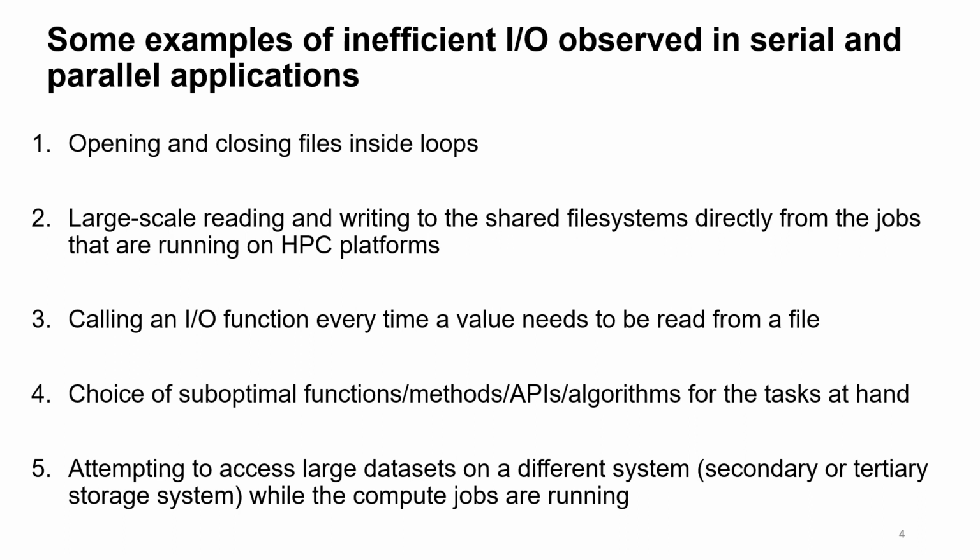And then we've noticed that people could be calling I/O functions every time a value needs to be read from a file. We've also seen that certain APIs, algorithms, or methods chosen for implementing certain logic are not optimal or not the best option. And then we've also seen that there are attempts to access the data sets on a different system, which could be a secondary or tertiary storage system, from within the compute jobs while they are running.